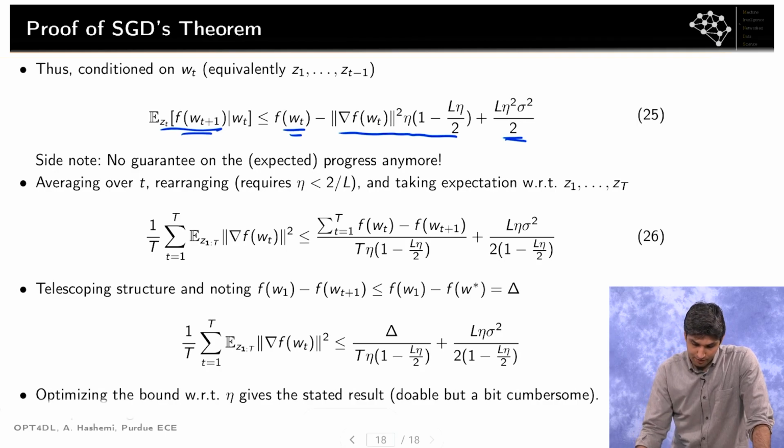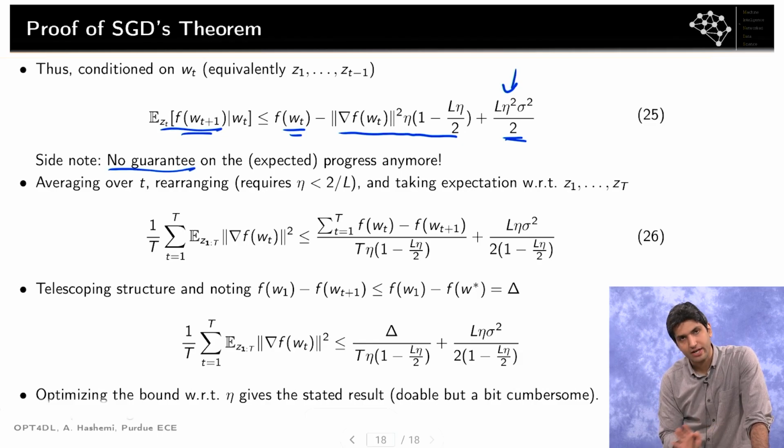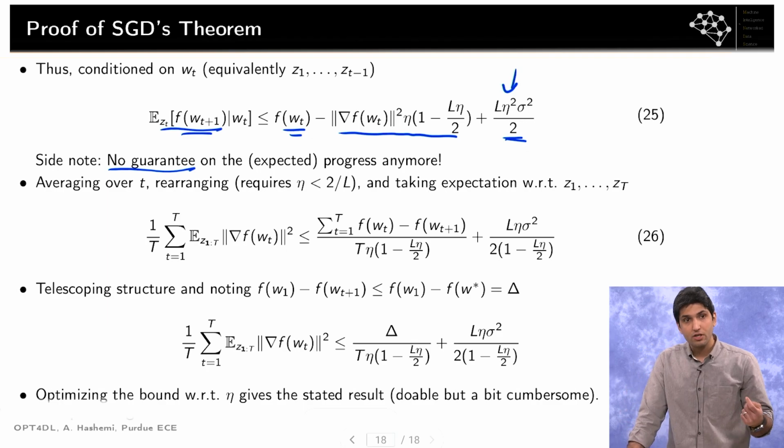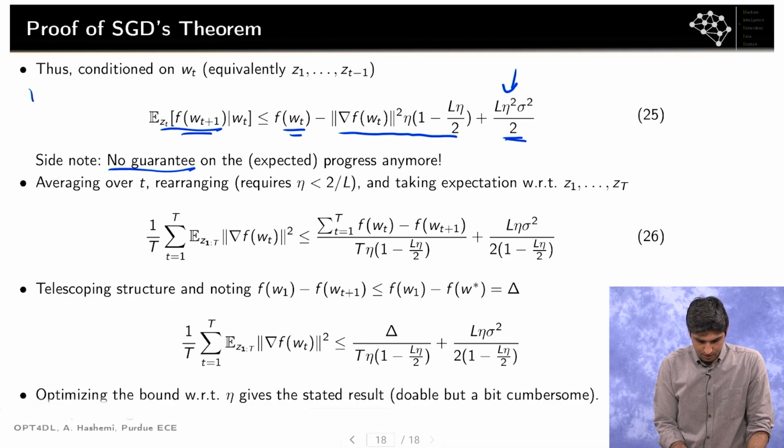In this case, however, given that we are using random estimators, and given that this last term is not necessarily 0, we're not going to have any guarantee on the expected progress anymore. So what does that mean? It means that if we run SGD, maybe the next solution is actually worse than the previous one. That's why typically there are some variations like this when you are minimizing the training loss.